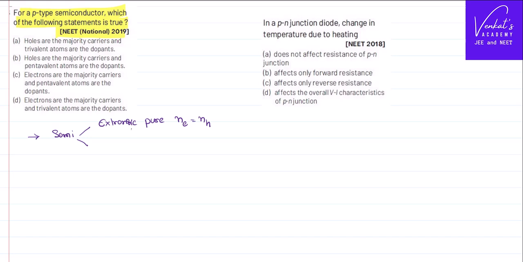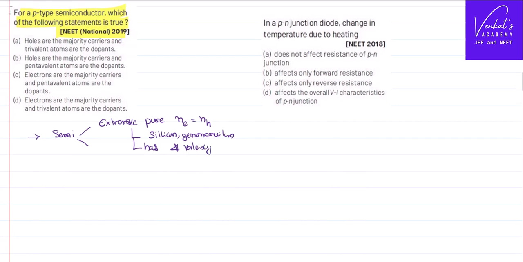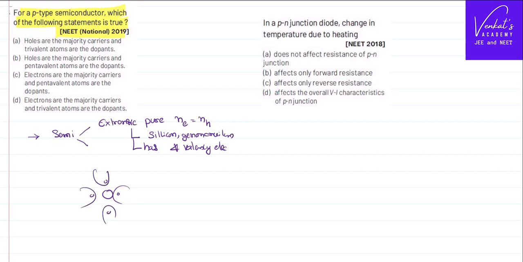Typical examples of pure semiconductor materials are silicon or germanium, which have 4 valency electrons. A typical semiconducting material's atom has 4 valency electrons that bond with 4 neighboring atoms. It will pass current only when you heat it up.